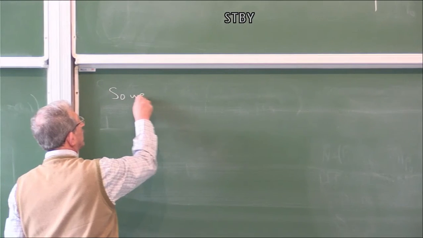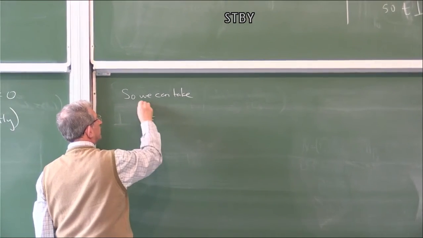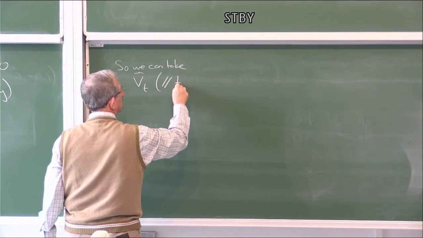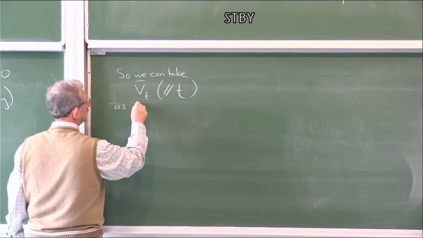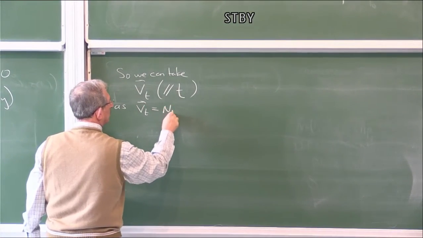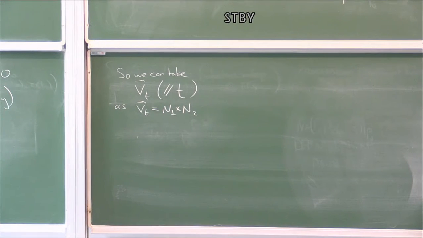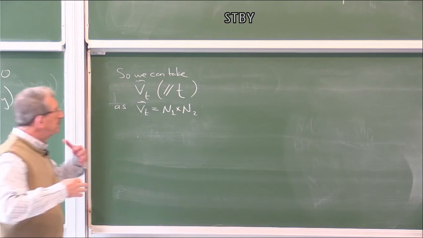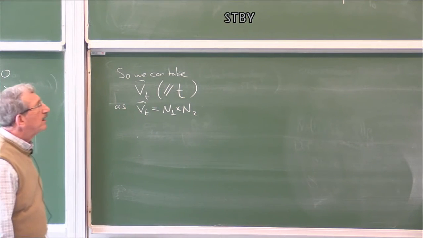So we can take VT, parallel to the tangent line, as N1 cross N2. We are only looking for a vector perpendicular to both of them, and we can get one by taking the cross product.